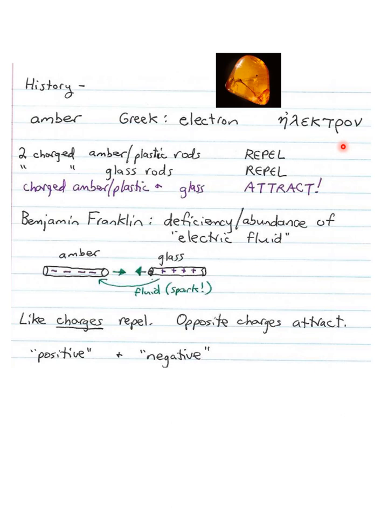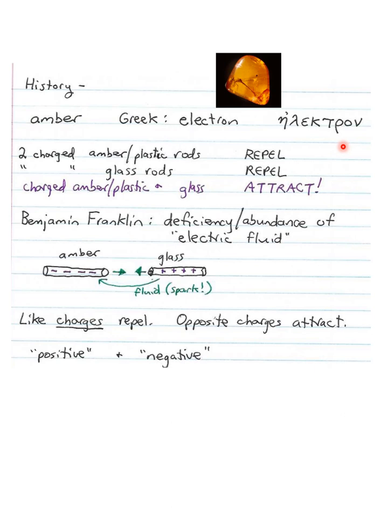And what he figured was that the amber had a deficiency in this electric fluid, and the glass had an abundance of it when you rubbed them with cloth or wool. And so when they came near to each other, they would attract each other as if the abundance in the glass wanted to jump over to the deficiency of the fluid in the amber. And sometimes they would see a little spark jump, and they figured that was the electric fluid.